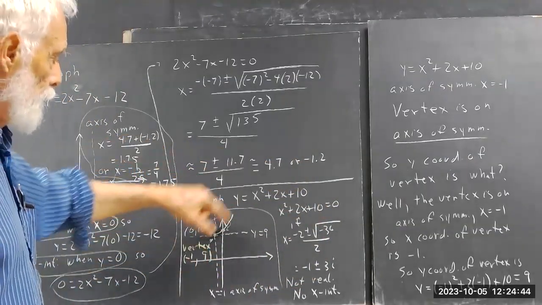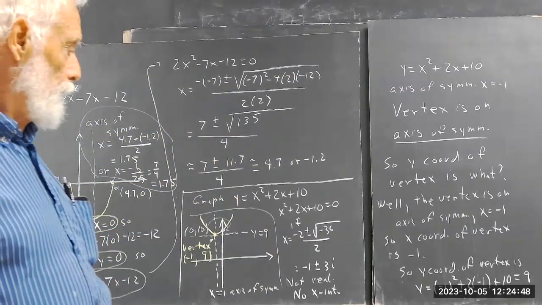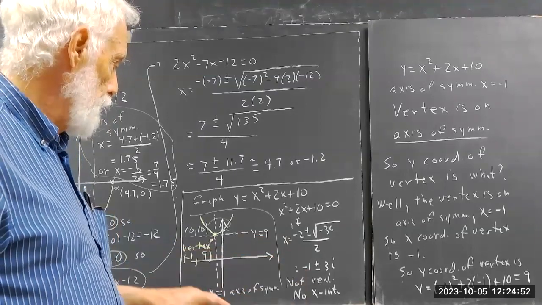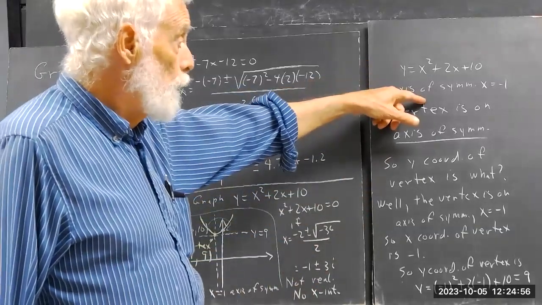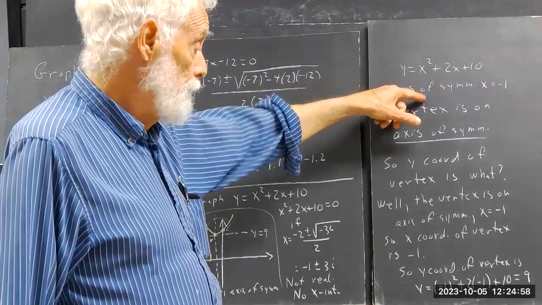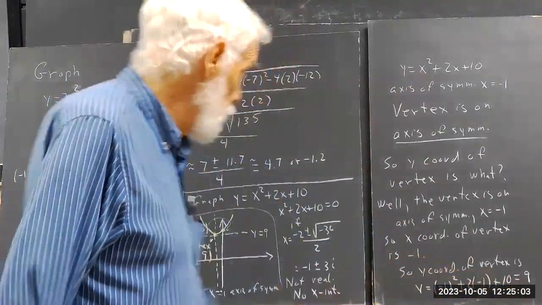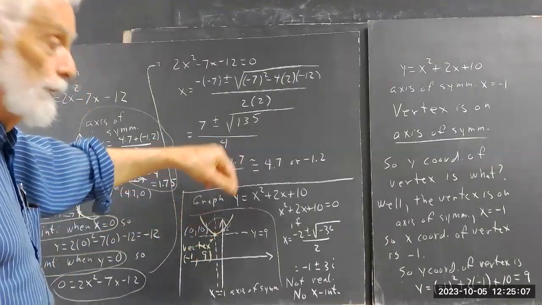And that's going to turn out then that the graph is above the x-axis. We notice that the axis of symmetry is at x equals -1. We can see it right here, actually. So we plug the coordinate of the axis of symmetry into the equation of the function, and we get the y coordinate of the vertex. We plot it. We already know the y-intercept. So there's our problem.